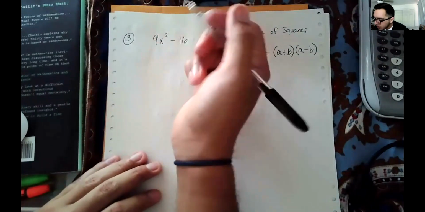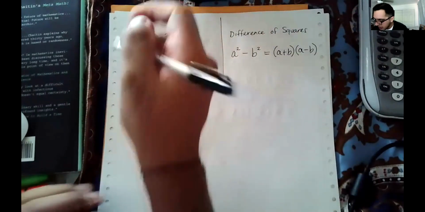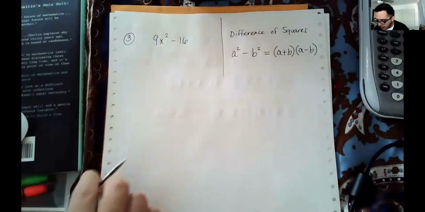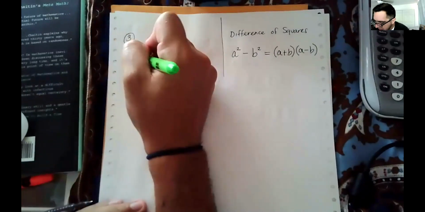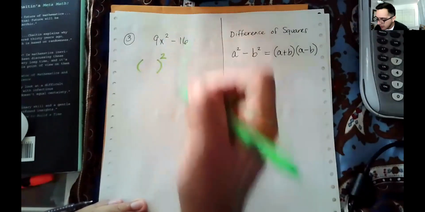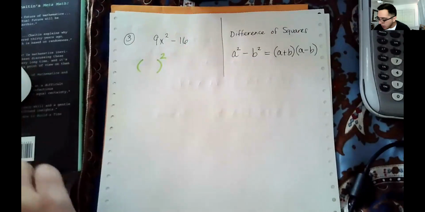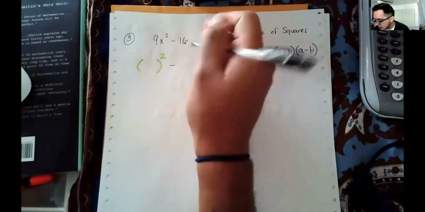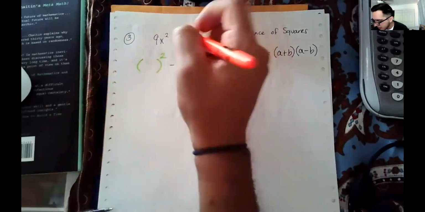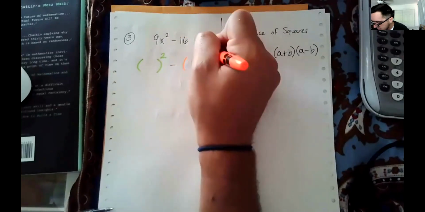Okay. So in other words, what I usually tell my students is that we could rewrite this as something squared minus something else squared.